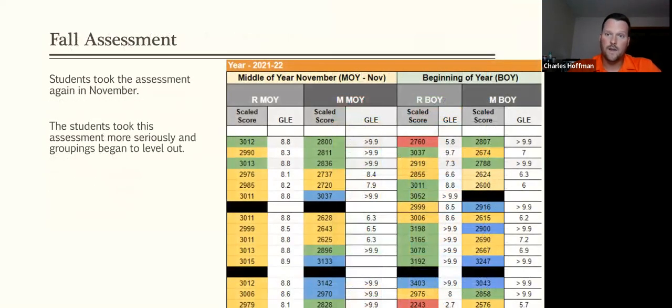So here we have our beginning of year assessment and then our middle of year, our November assessment. You see at the top, I have labeled this as the fall assessment. Students took it in November and they took it more seriously and the groups began to level out. If you see there, my students range from 8.1 to 8.9, and that's where my group of students resided.